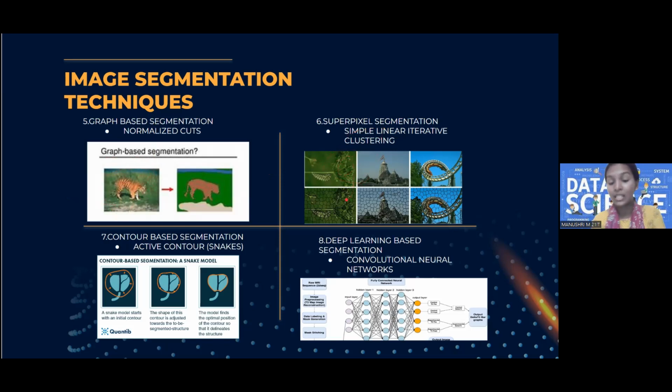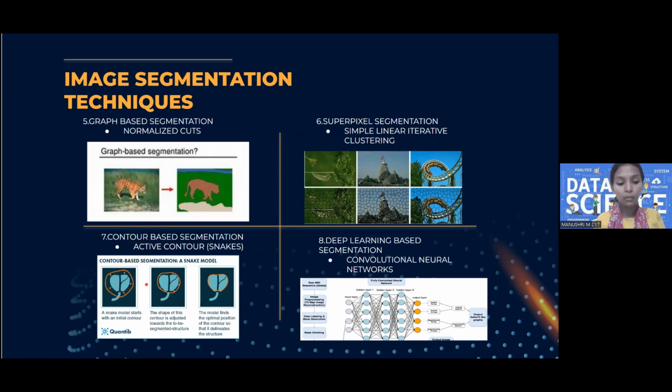It classifies the image as it is, so that each and every segment is able to describe what the whole image is about. This superpixel segmentation is the one we have used in our task. Let me explain it in detail in the coming slide. And then there is contour-based segmentation.